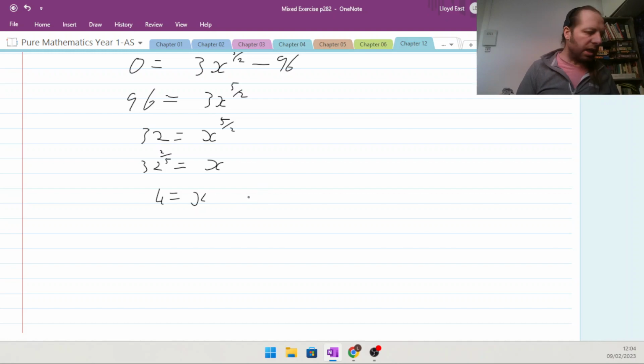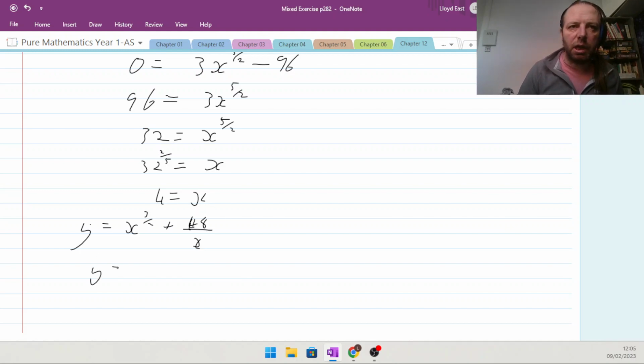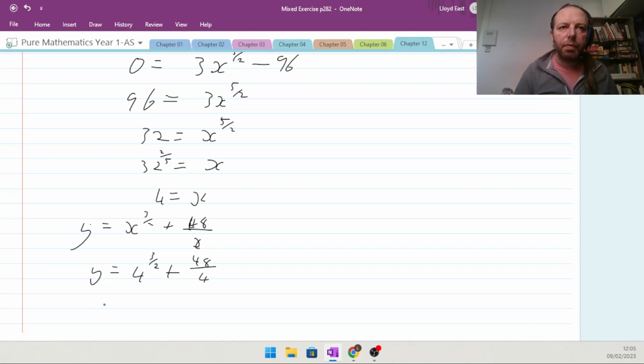Right. With that done, we can substitute the 4 into the original equation, which was y equals x to the 3 over 2 plus 48 over x. And so putting in that value of x, we get y equals 4 to the 3 over 2 plus 48 divided by 4.